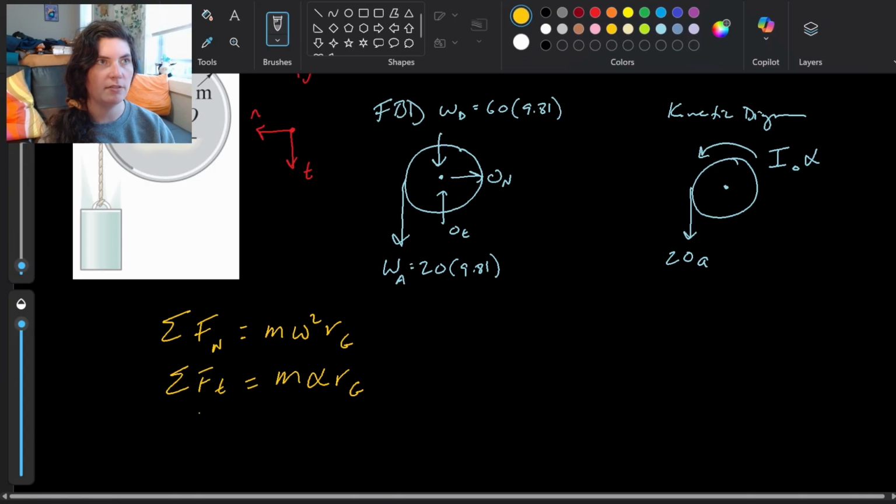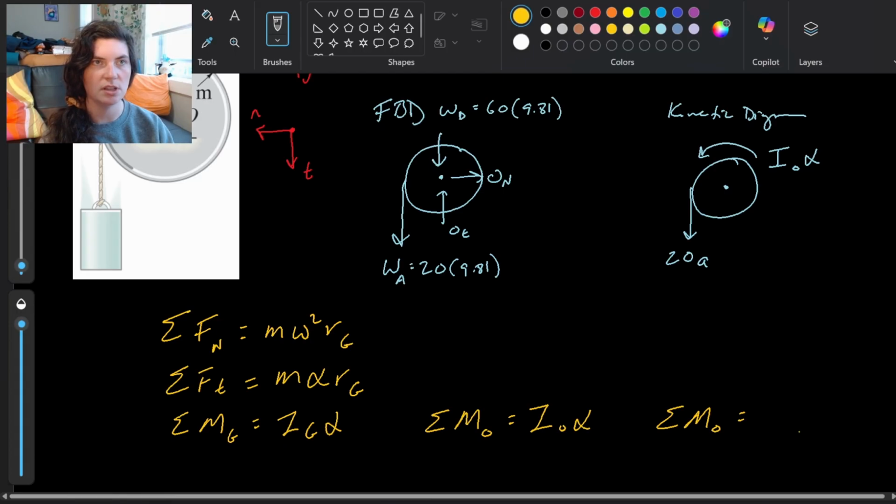And then finally we have our choice between sum of moments about G equals IG alpha, or sum of moments about O equals IO alpha, or some other point, but O makes sense here. So moments equal the sum of the moments of our kinetic diagram.